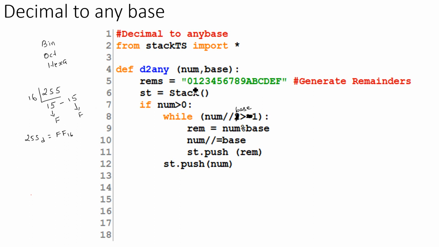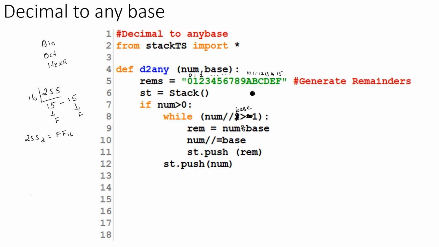The reminders string is going to have a collection of characters from 0 to F: 0, 1, 2, 3, 4, 5, 6, 7, 8, 9 and A, B, C, D, E, F. And being a string, this will have index values: 0, 1, 2, 3, 4, 5, 6, 7, 8, 9, and this will be 10, 11, 12, 13, 14, and this will be 15. So, like this, it will have index numbers.